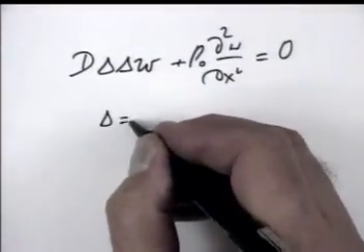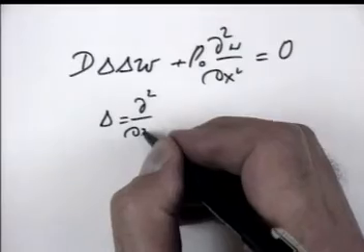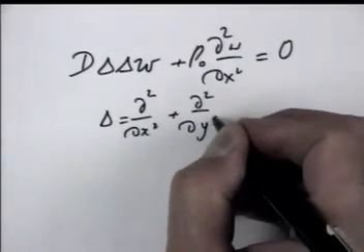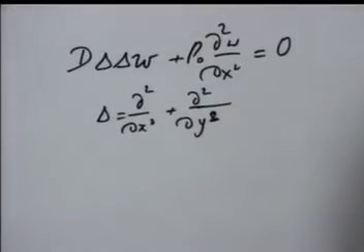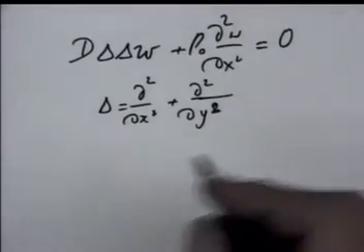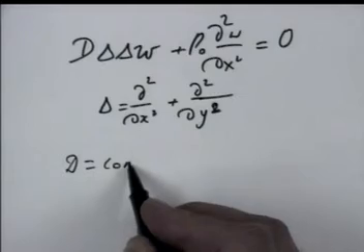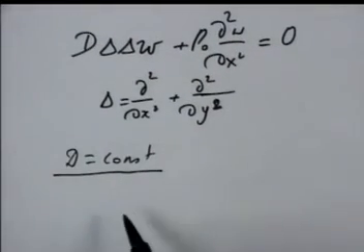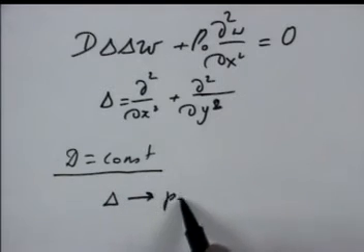So del was the operator d2 dx squared plus d2 dy squared. Now, if we talk about D equals constant, then we want to write delta in polar coordinates.